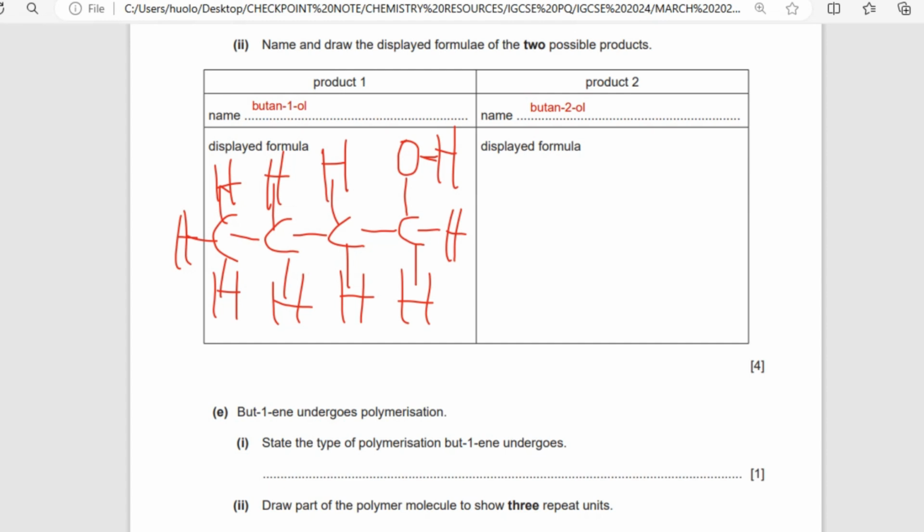Now the situation whereby we have it at butan-2-ol. So you have OH this way, you have H, then you have this, you have H, you have H.